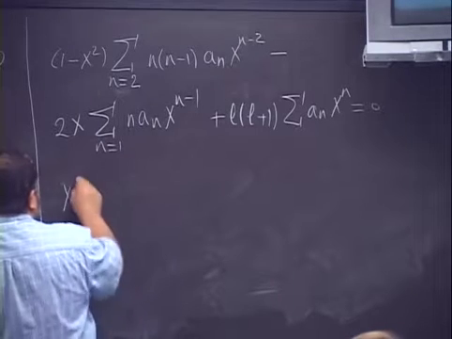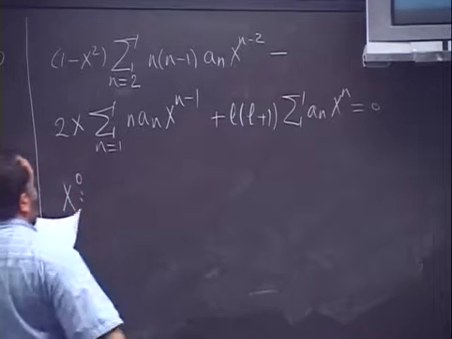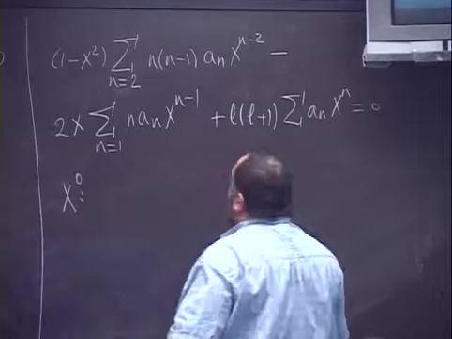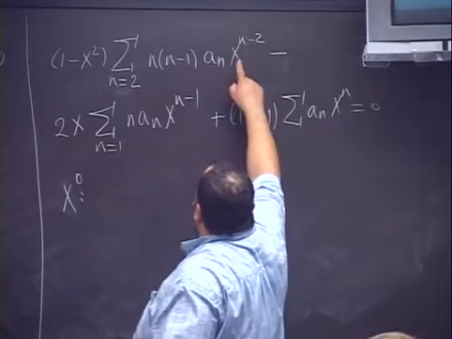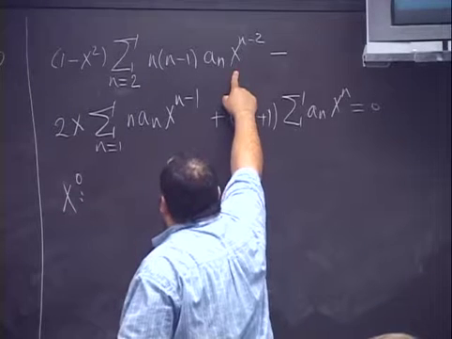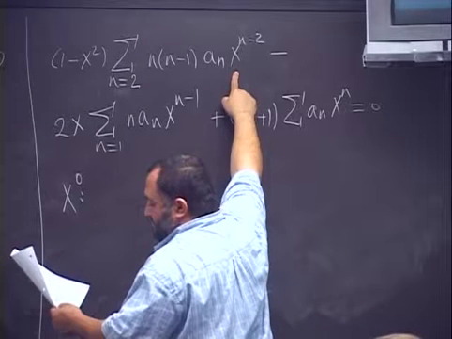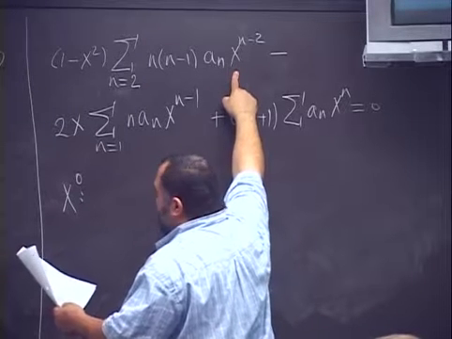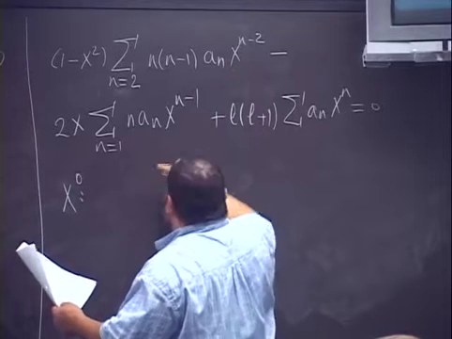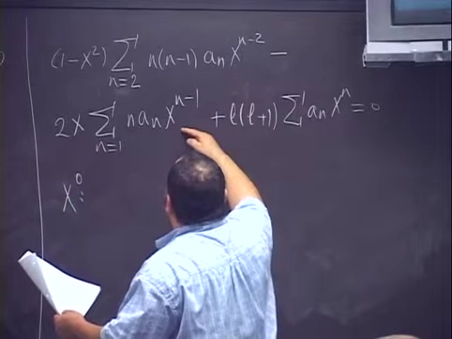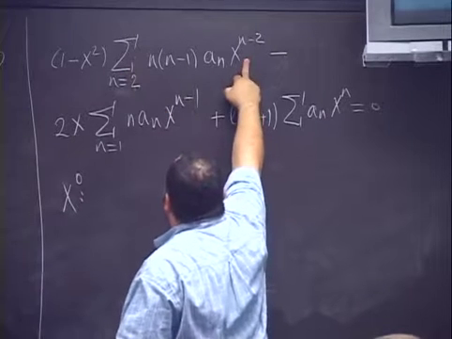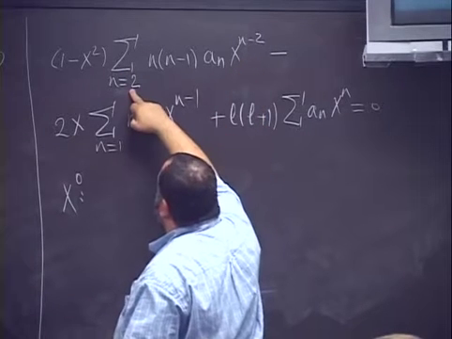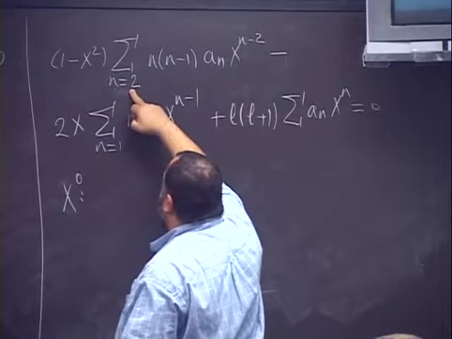What are the coefficients of x^0? x^0 will come from where? If you substitute here, you will notice that this multiplied by this will give you x^n, but you start with n equal to what? So you will not have x^0 here.